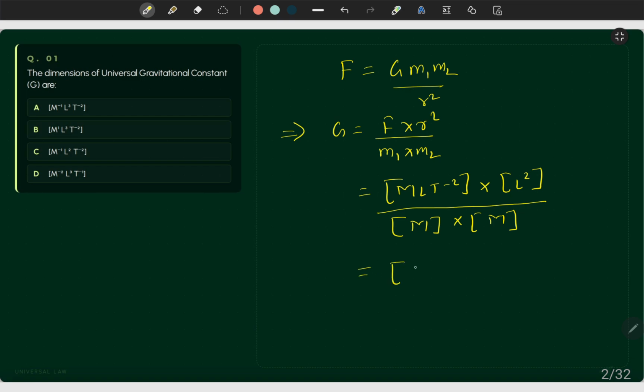Solving all, we get M to the power minus 1, L power 3, T power minus 2. So these are the dimensions of gravitational constant. So the correct answer is A.